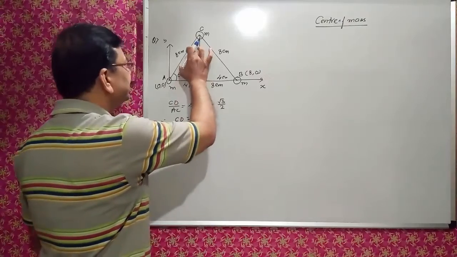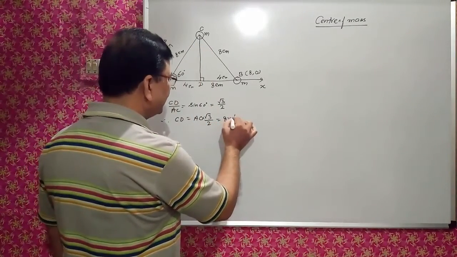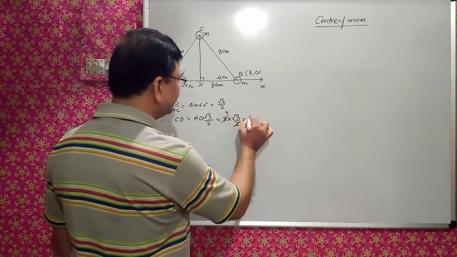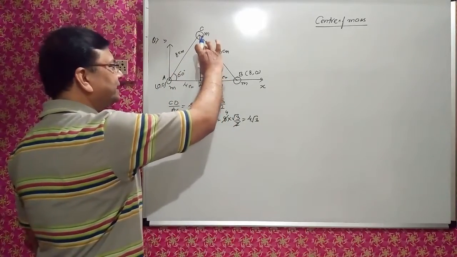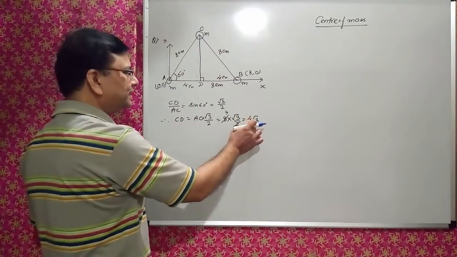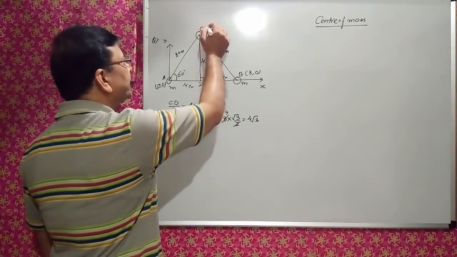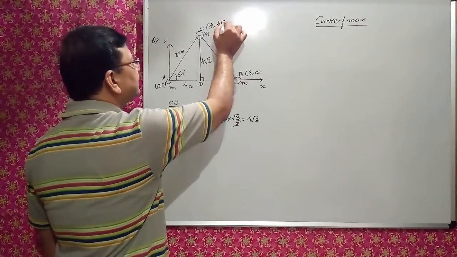And what is AC? AC is 8. So 8 into root 3 by 2, that goes 4 times. We will get 4 root 3. Means we wanted this and we got the value of this, that is 4 root 3. So what is the coordinate of this now? That is 4 and 4 root 3.